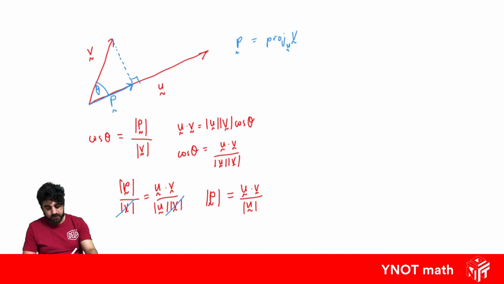And we know how to do that, because a unit vector parallel to u is just going to be u over the magnitude of u. And so to get the vector p, all we need to do is go ahead and multiply our magnitude of p by the unit vector that's parallel to u.